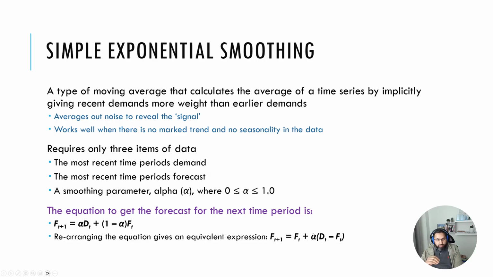So if you had very small error in the last time period, we don't want to mess with our forecast too much. So we learn a little bit, alpha times a small value, and we adjust the forecast only a tiny bit. But if you had a huge error in the last time period, that means we're not doing a good job. So we try to adjust a lot more. So the huge error times alpha will give you a big value, and it'll change the forecast by a big value for the future.